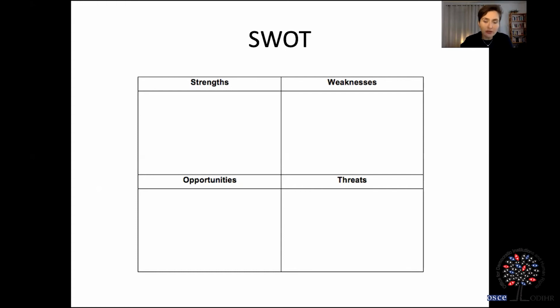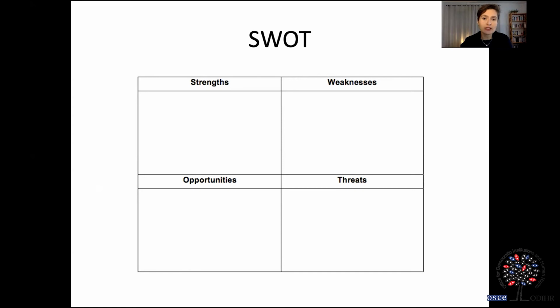You look at your team and you see what the strengths of your team are. What weaknesses do you have in your team? So maybe you don't have enough researchers to get the proper data in place. So you need to address that particular issue. And then what are the opportunities that arise for you to raise this particular issue, and what could threaten your work?